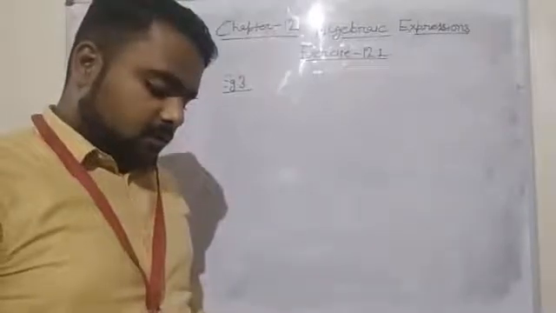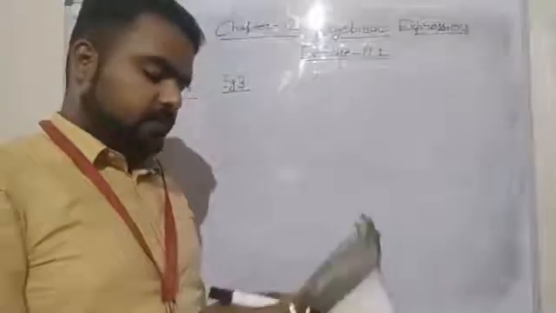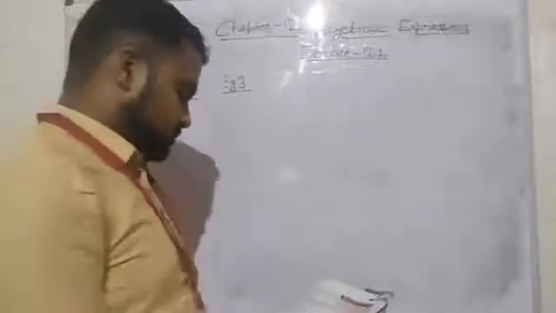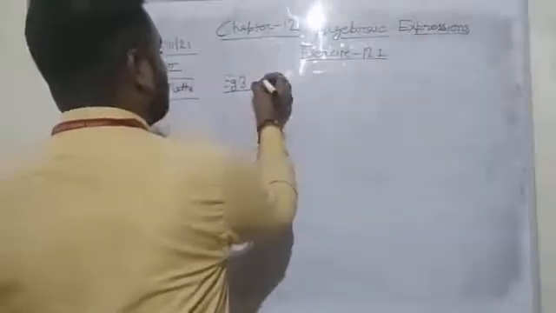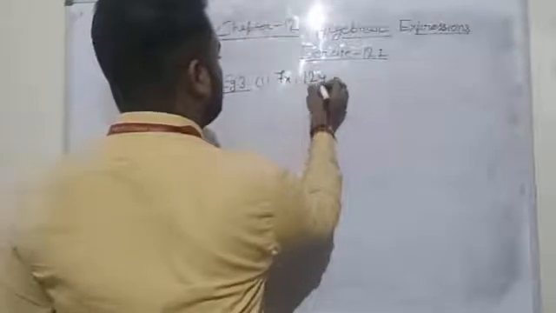State with reason which of the following pairs of terms are like terms and which are unlike terms. So first is 7x and 12y.